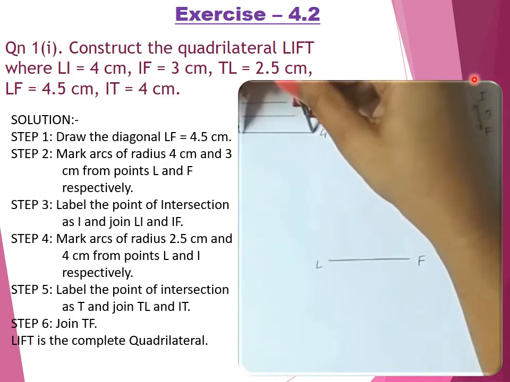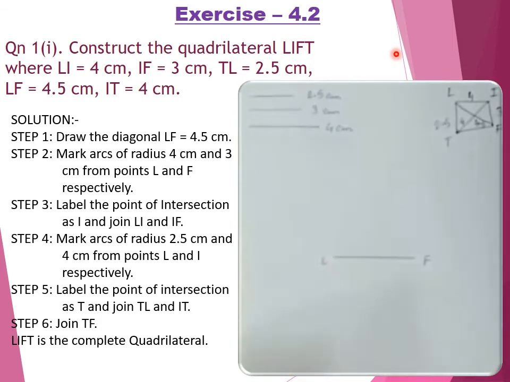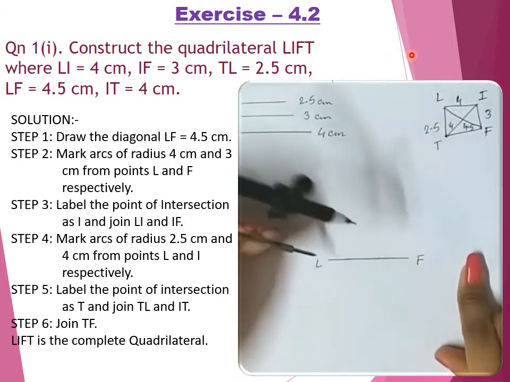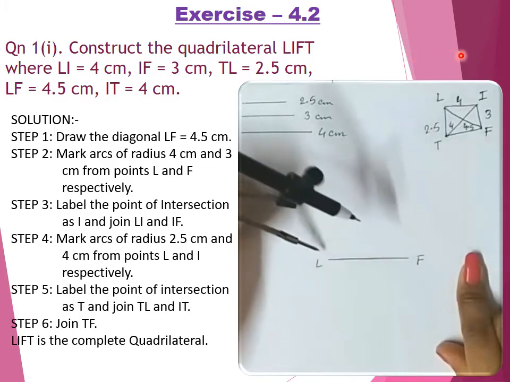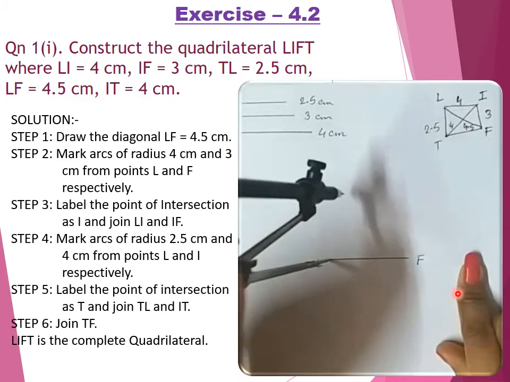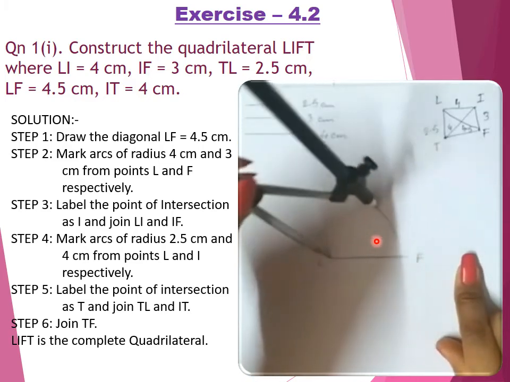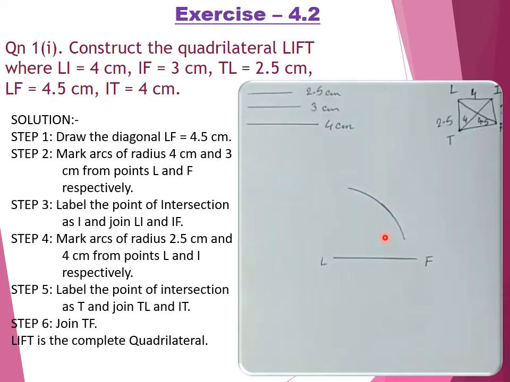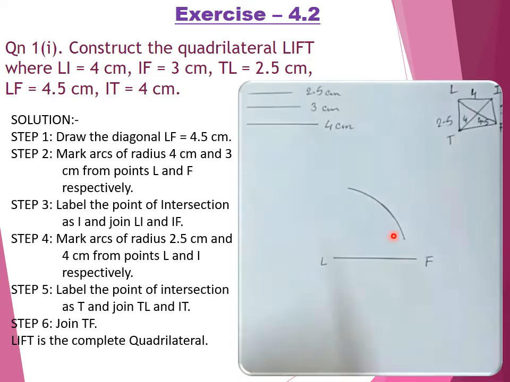Take a radius of 4 centimeter, and from the point L we will construct an arc. Again on the other side we have IF, which is 3 centimeter in length.